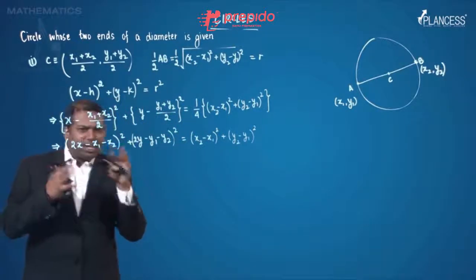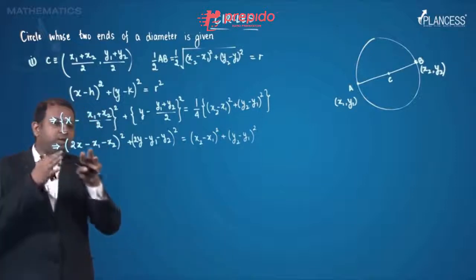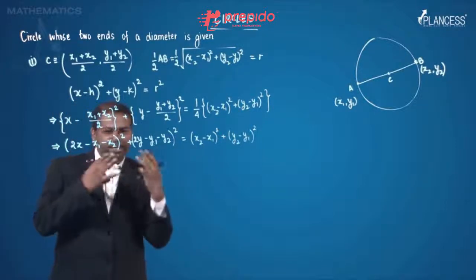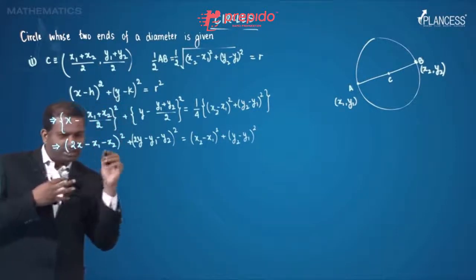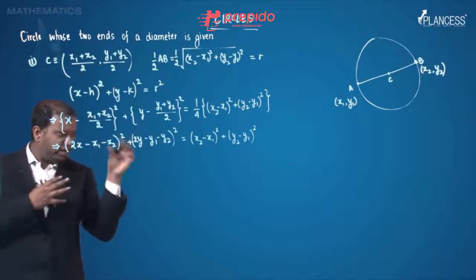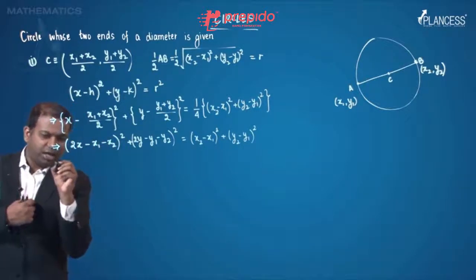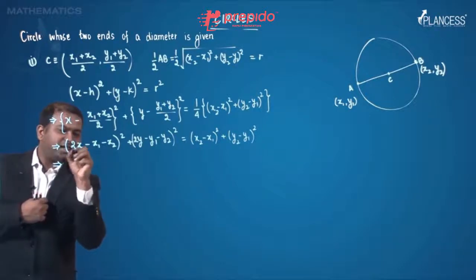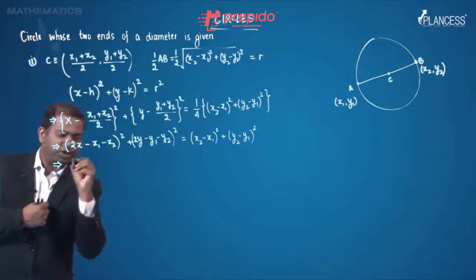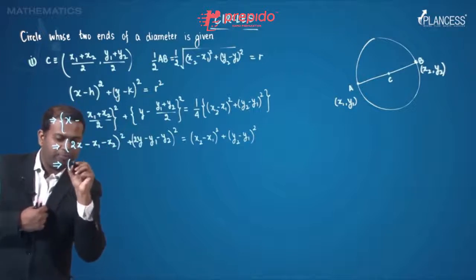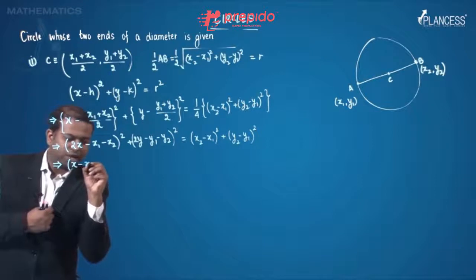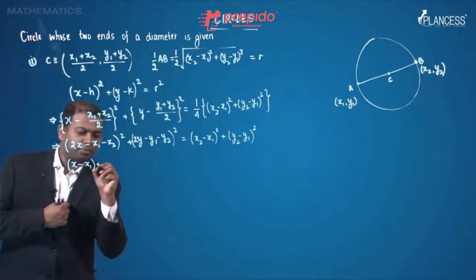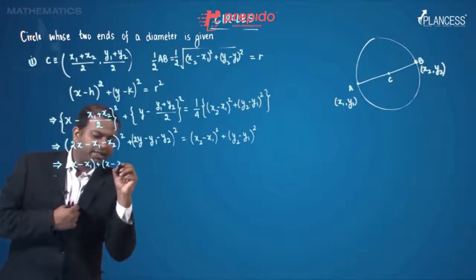Now we'll do some rearrangements here so that we can solve this very easily. Let us do some replacements here and some additions and subtractions. We write 2x as x plus x, and then we use one x for x1 and one for x2, so we have x minus x1 plus x minus x2.